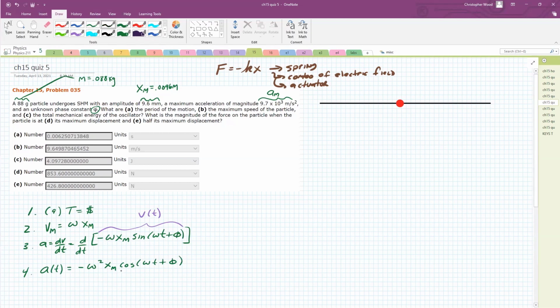As mentioned, at most, the cosine can spit out a value of 1. So this is my acceleration amplitude, the maximum possible value that acceleration can attain. Number 5, a sub m, the acceleration magnitude, equals omega squared x sub m. We don't include the negative. We just want this magnitude. All right, so number 6. Aha.